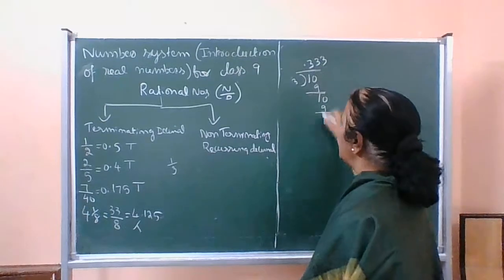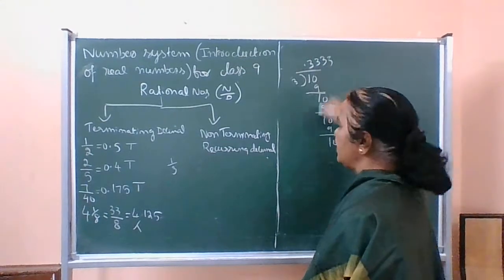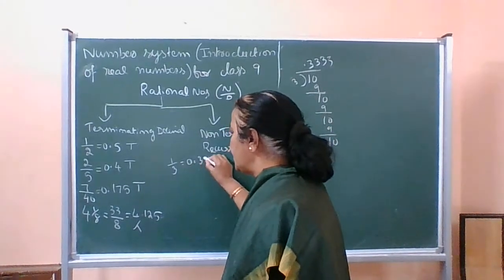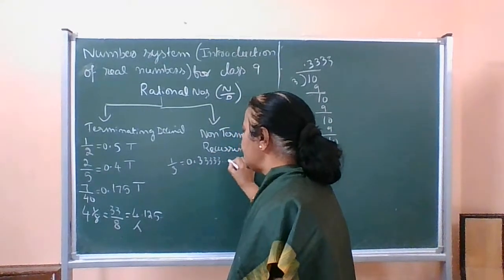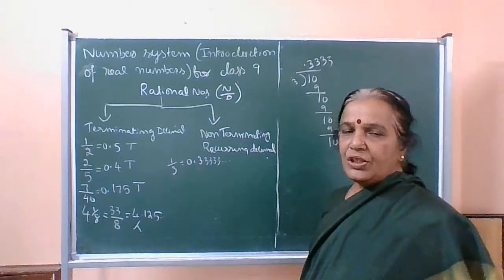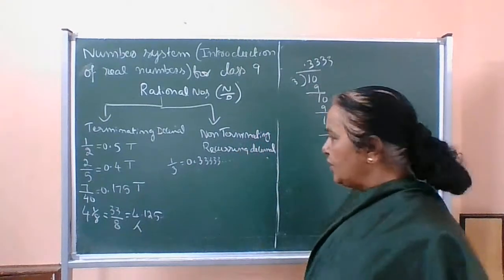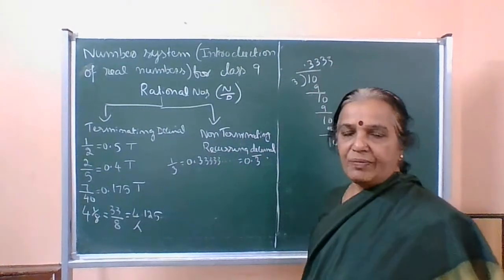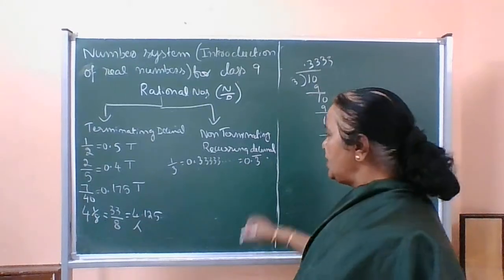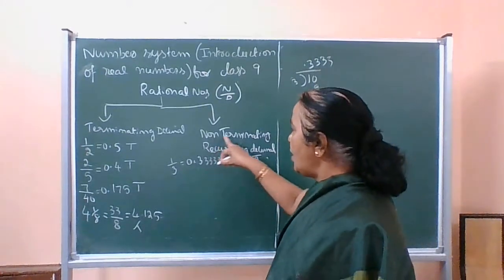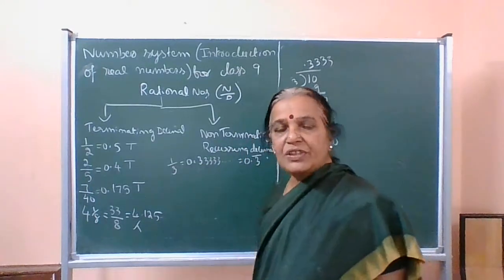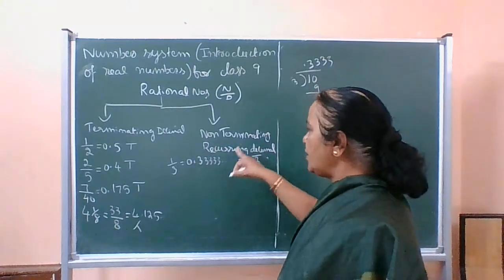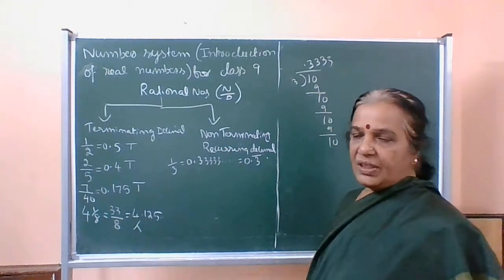Again, 3 threes are 9. Therefore, if you divide 1 by 3, you will get 0.3333 like this. The process of division will not come to an end. This you can write as 0.3 bar. Here it is non-terminating. The process of division will not terminate. Terminate means stop. Therefore, it is a non-terminating repeating decimal.